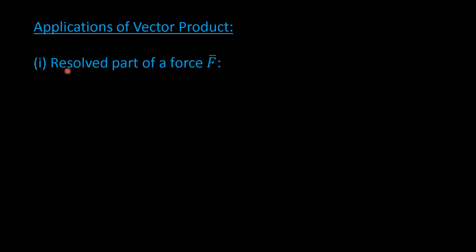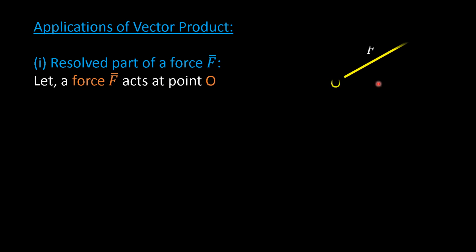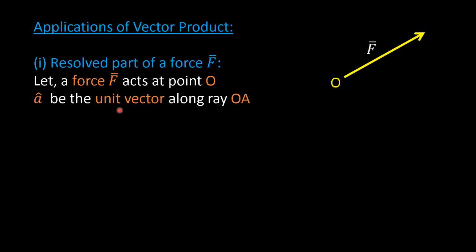We will discuss some applications of vector product. The first among them is the resolved part of a force F bar. Let a force F bar act at a point O. A cap be the unit vector along ray OA.